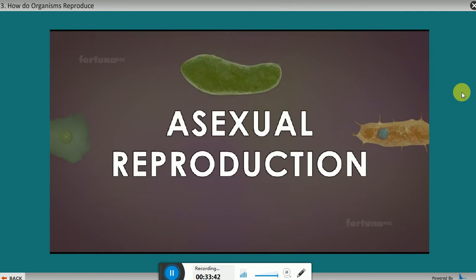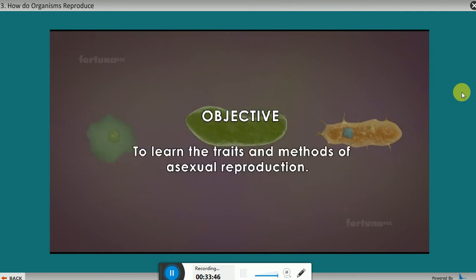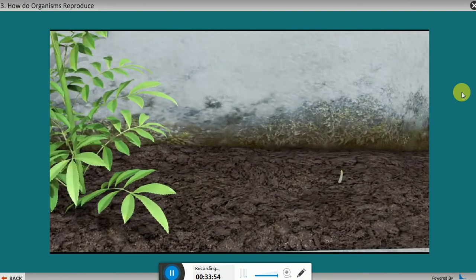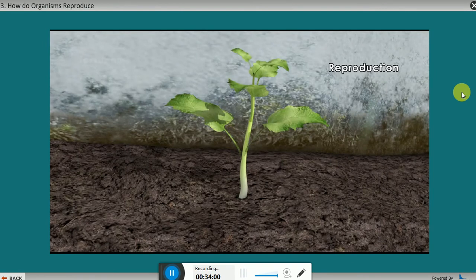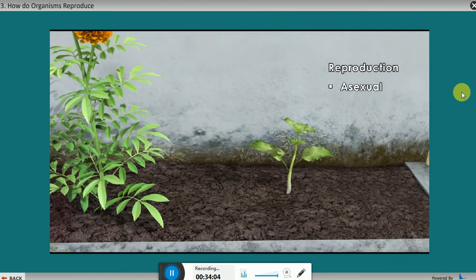Asexual reproduction. Objective: to learn the traits and methods of asexual reproduction. Reproduction is a characteristic of all living organisms and is necessary for the continuation of life. Reproduction can be one of two types, either asexual or sexual.